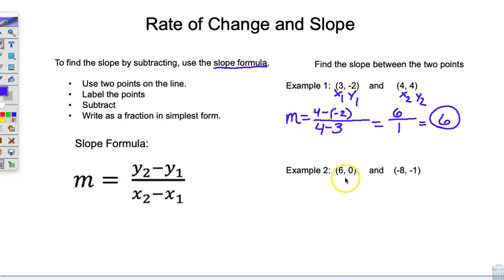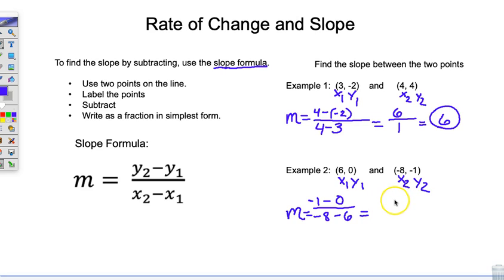Let's do the next one. Let's label them first. This is my x1 value, my y1, x2, and y2. Now all we have to do is replace them into the formula. Remember, m is standing for slope. We're going to start with my y2, which is a -1, subtract 0, my y1. My x2 is a -8, and I'm going to subtract my x1, which is a 6.